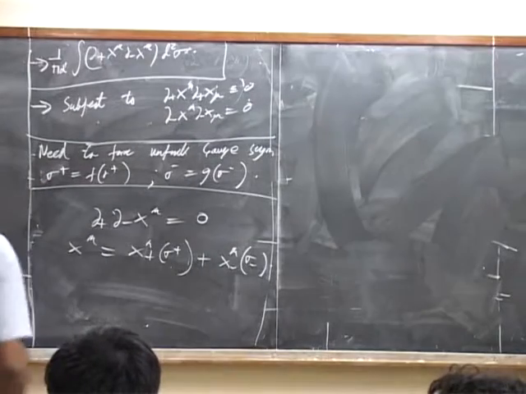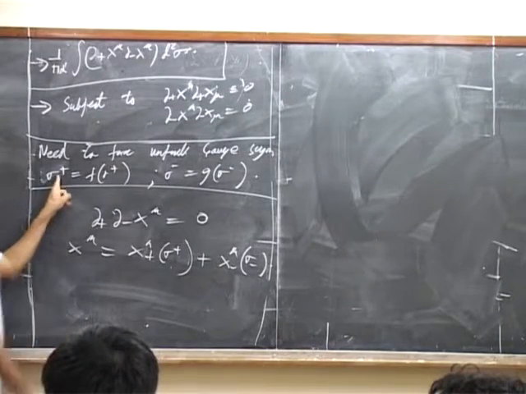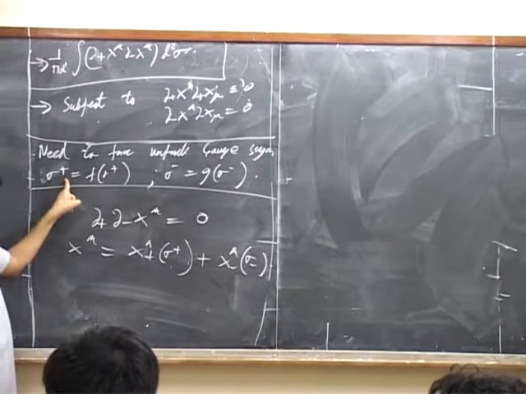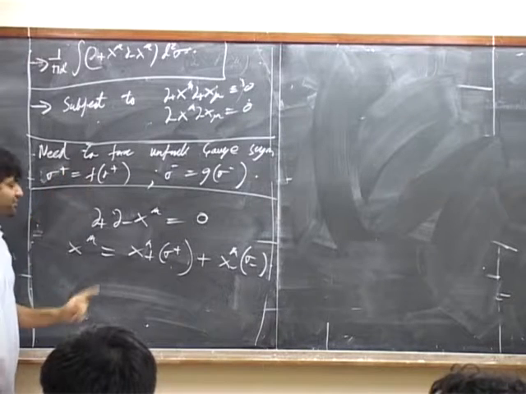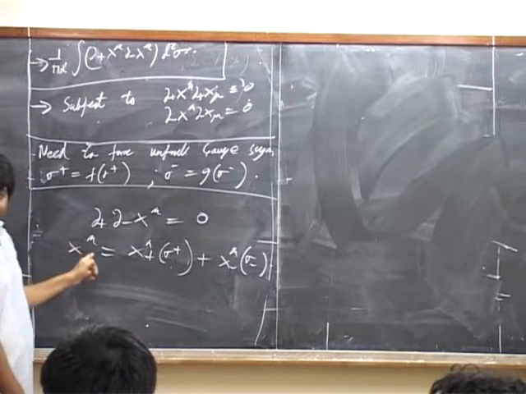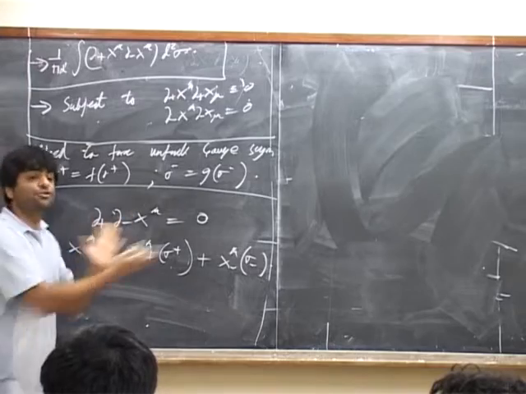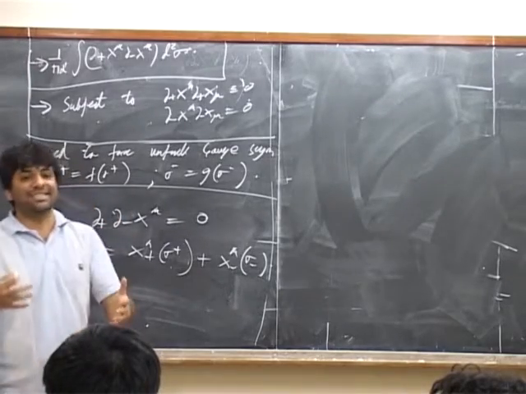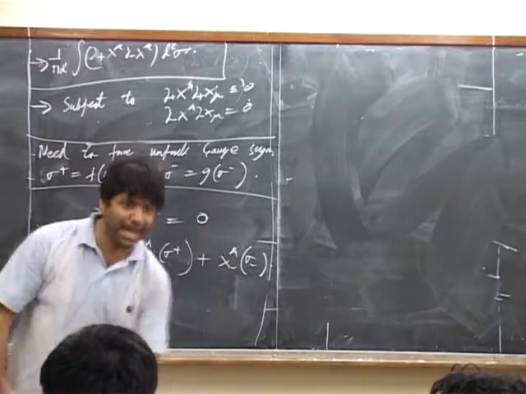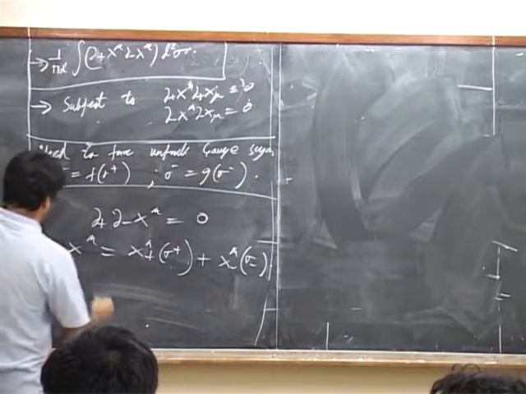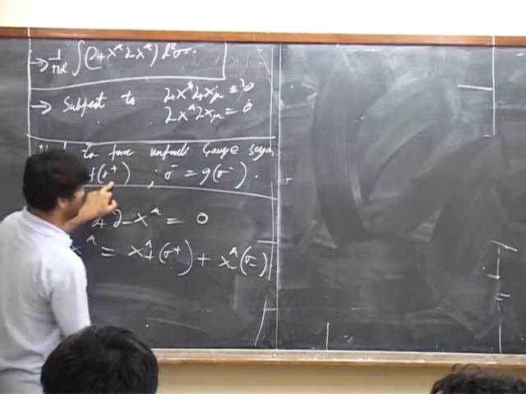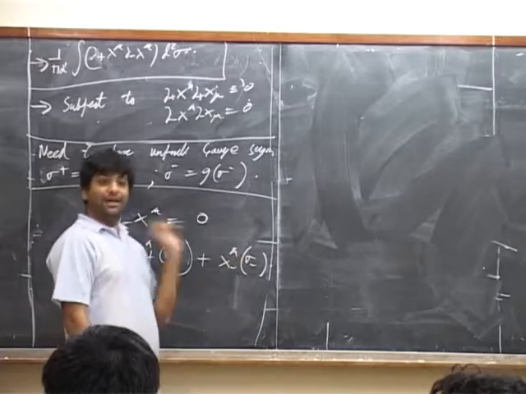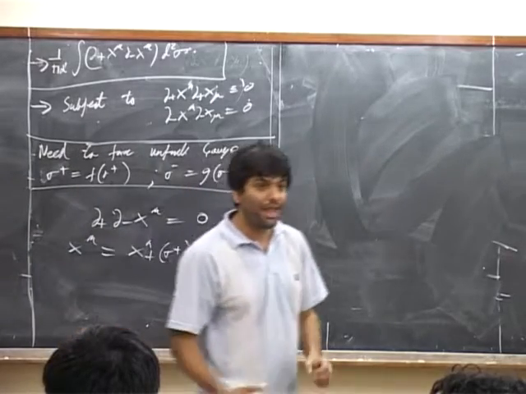You see, suppose I take this gauge transformation and I apply it on a solution. Of course, I must get another solution. Okay? So what do I get? I get sigma plus replaced by f of sigma plus, sigma minus replaced by g of sigma minus.